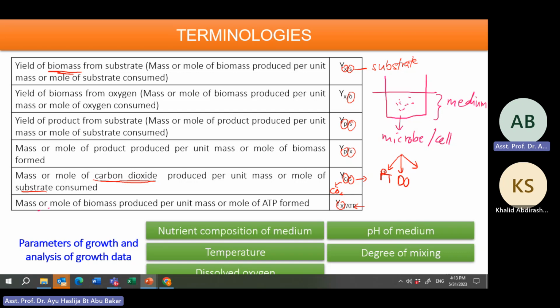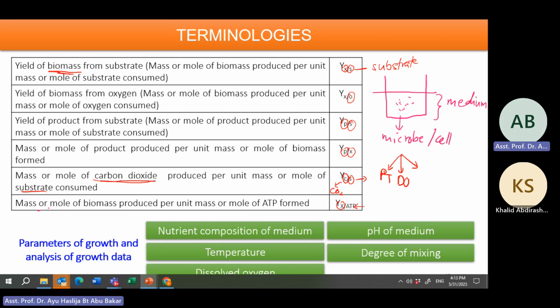Then it might produce a different type of product, because you already changed the condition to aerobic. Perhaps in that microbe colony, there are other types of microbe that will dominate the reaction, which use the oxygen, and produce a different type of product.